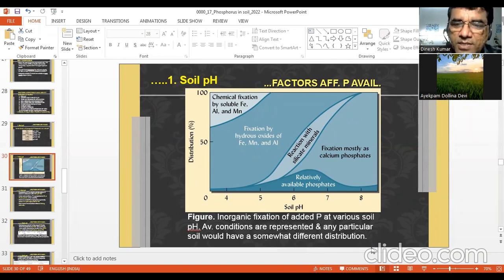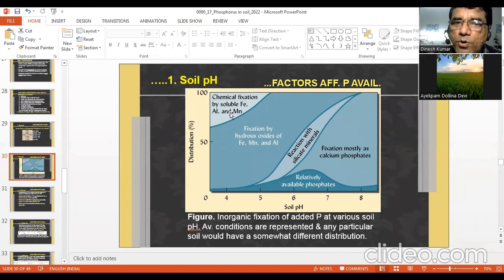In this case, on the x-axis is the soil pH, which increases as we move from left to right: 4, 5, 6, 7, 8. On the y-axis, we have distribution from 0, 20, 50, and 100%. Now you can see that when pH is low, around 4 up to 4.5 or 5, chemical fixation can happen by soluble iron, aluminum, and manganese.